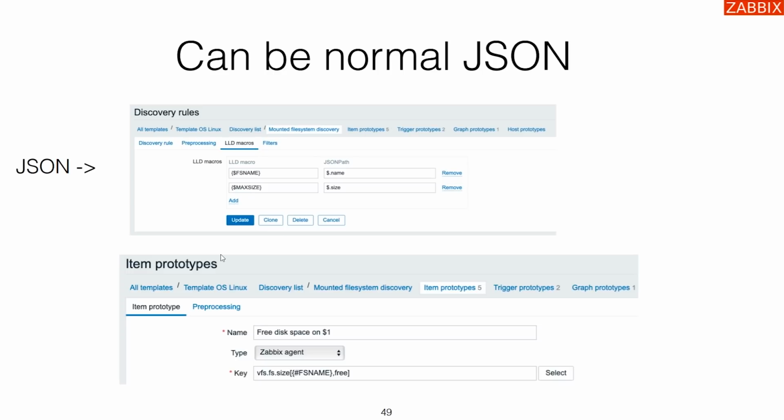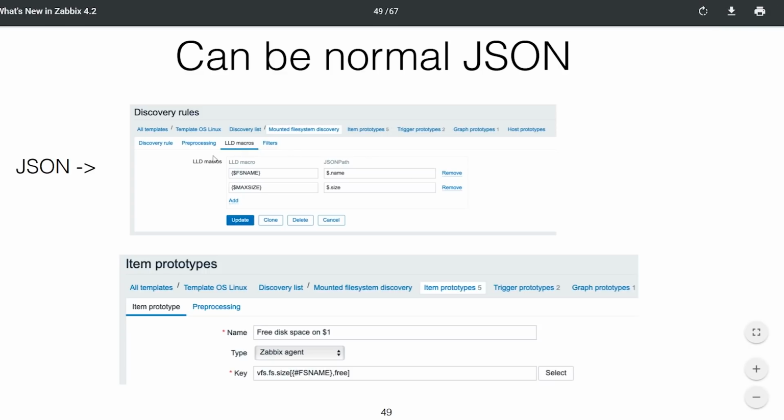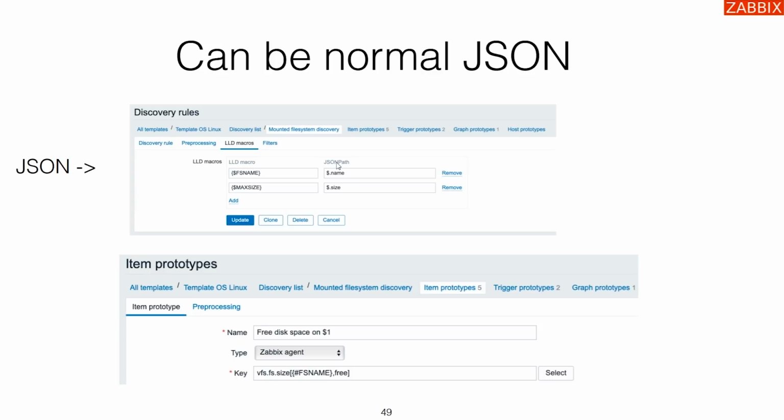not needed that much anymore, because you see in the low-level discovery there is a new tab, low-level discovery macros, in which we can specify the macro that we want to populate with the value that will be extracted by the JSON path that is also available in the preprocessing.